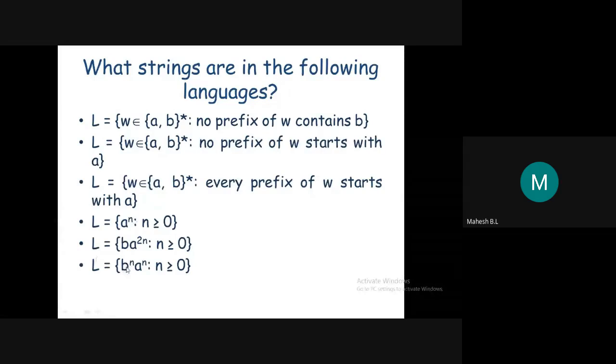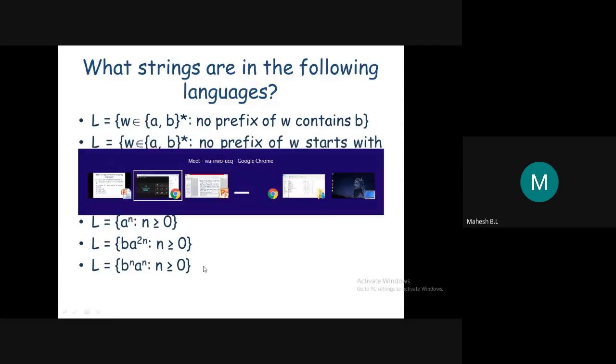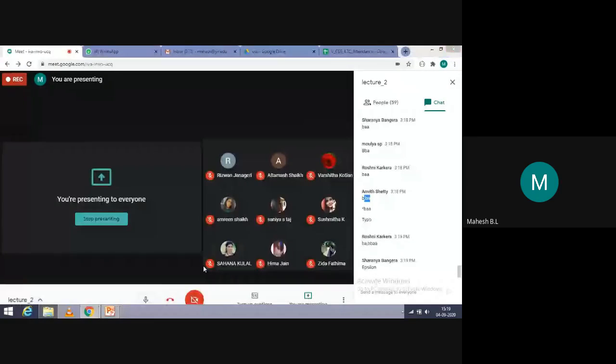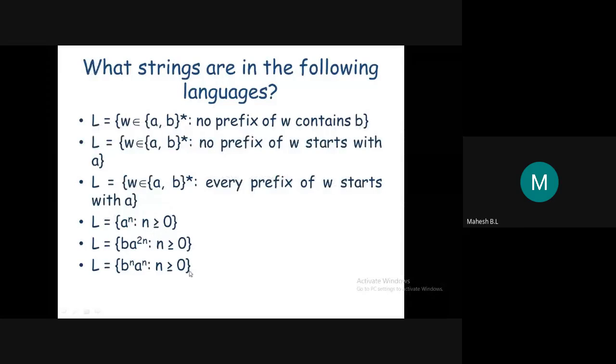Next, b power n, a power n. Can you give some examples for this? See, for the previous language, epsilon doesn't belong because one b has to be there.